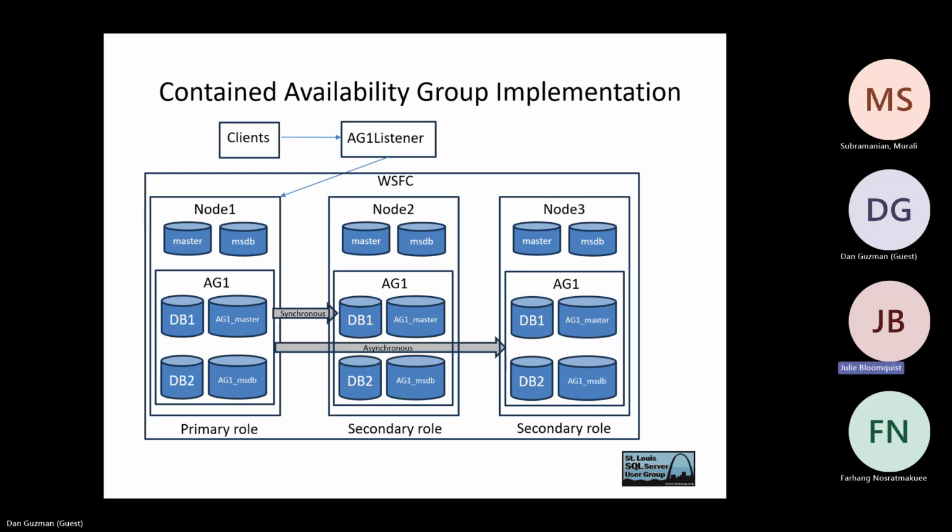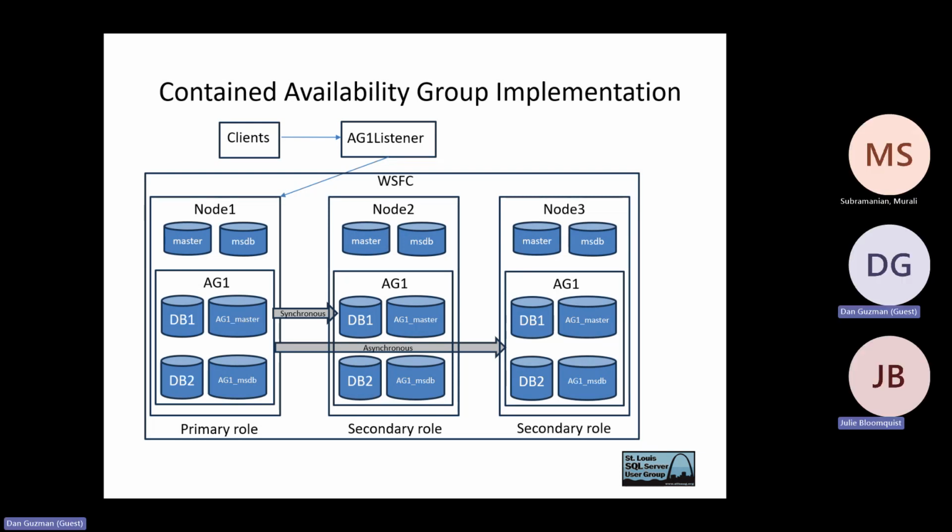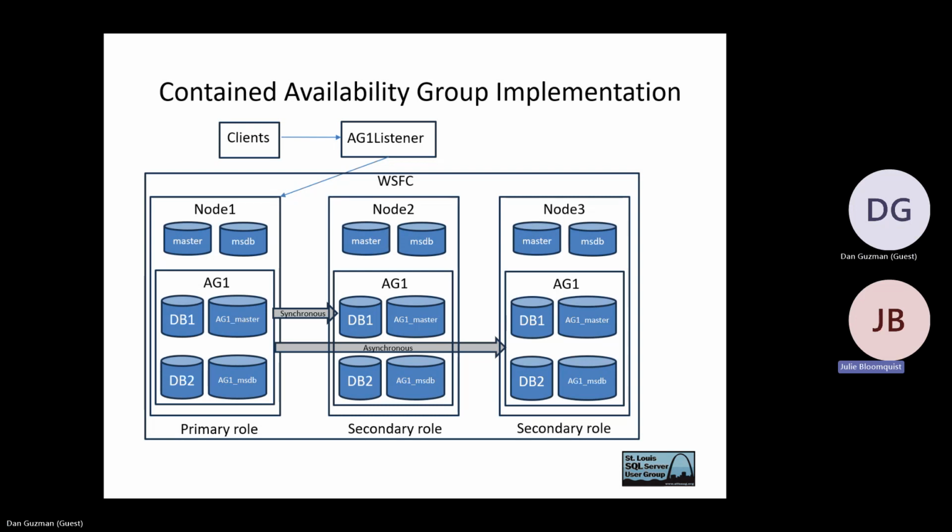If you were on your primary, connected to the contained AG listener, and told it to add a database to that contained AG with automatic seeding, then you wouldn't necessarily have to do all that? Because wouldn't it create the database in the contained AG on the secondaries?